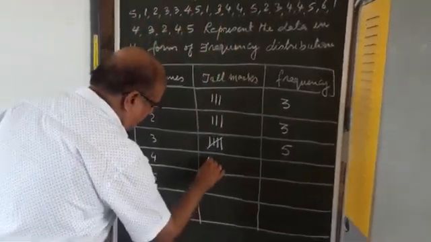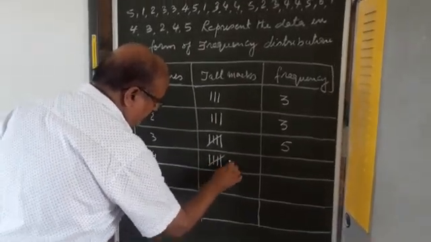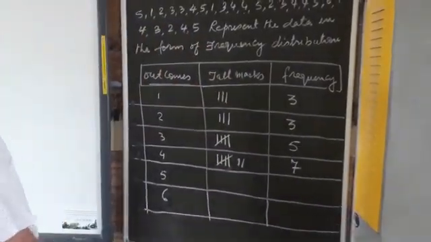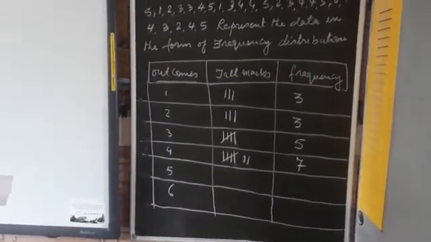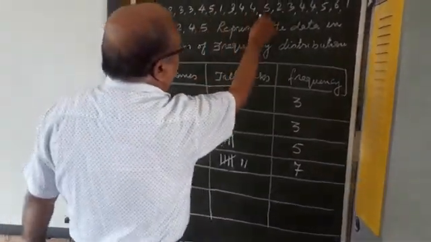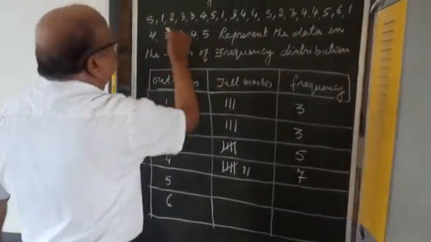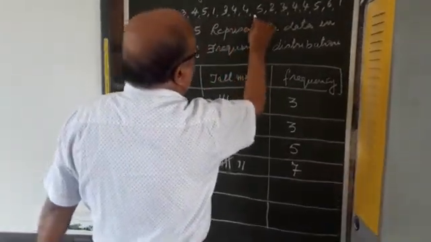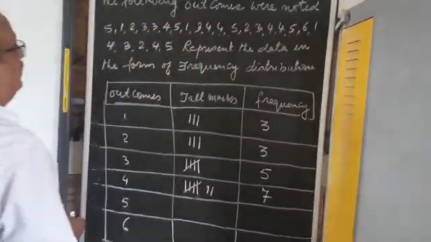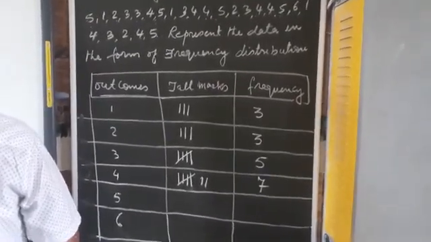So 4 is occurring 7 times. Then 5. How many times is 5 occurring? 1, 2, 3, 4, 5, 6. So 5 is occurring 6 times.